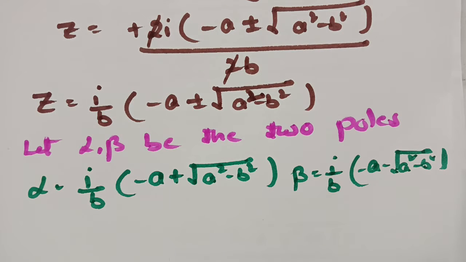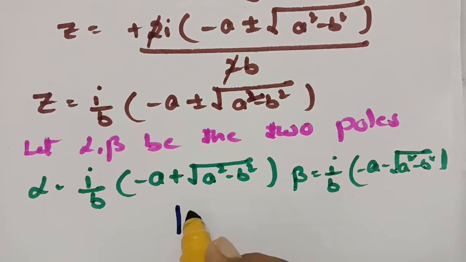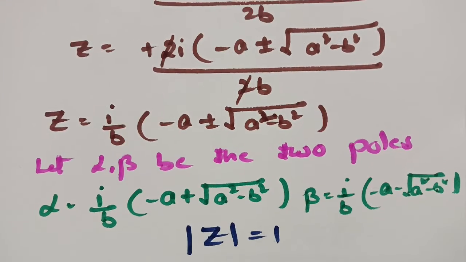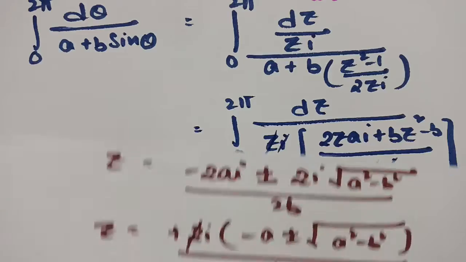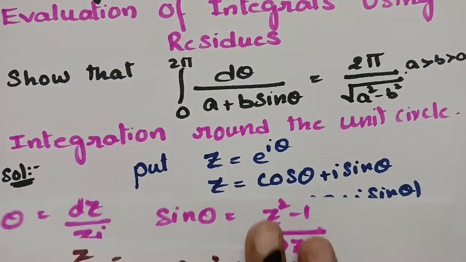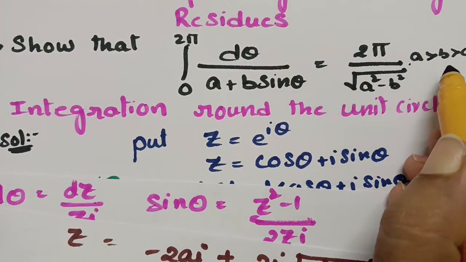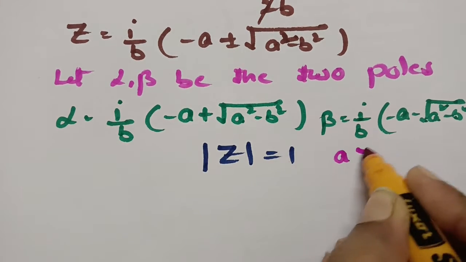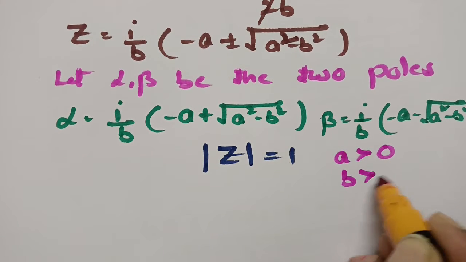Now we have to check which root is inside the circle, outside the circle or on the circle. As it is a unit circle, |z| = 1, and there is a condition from the question: a is greater than b is greater than 0. So clearly our a value is greater than 0 and b value is also greater than 0.